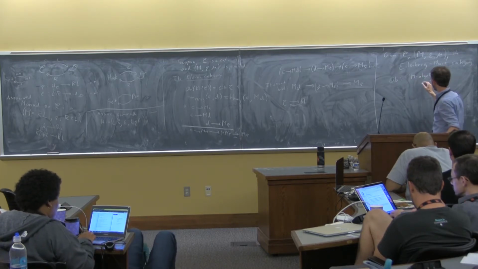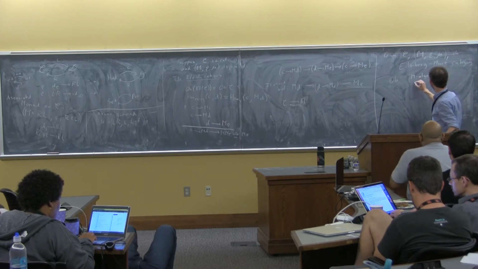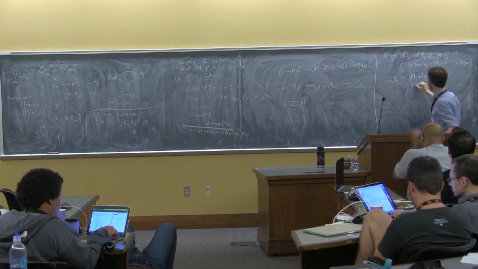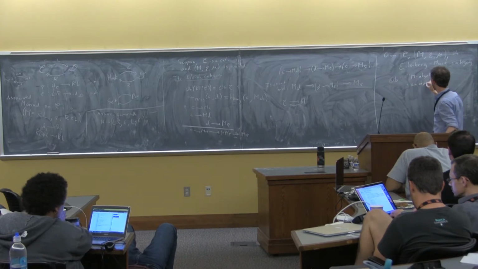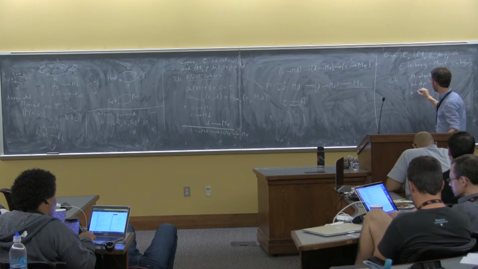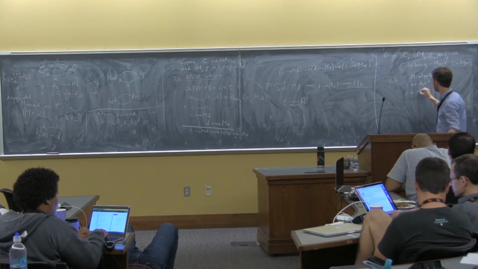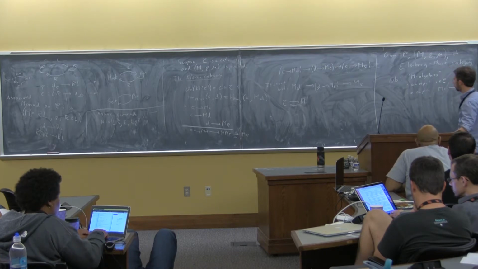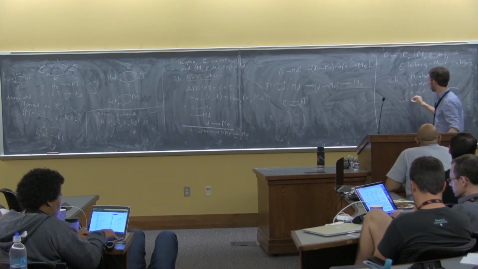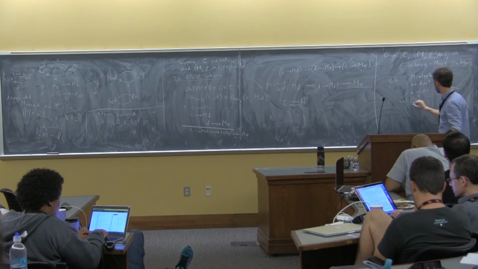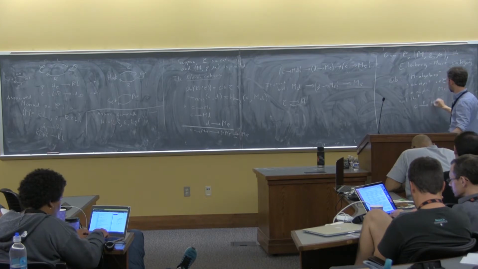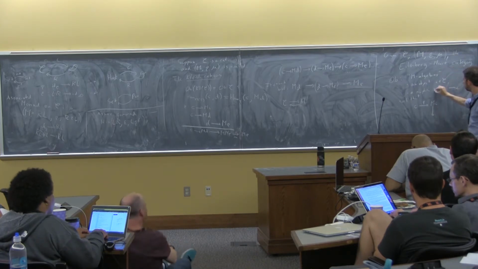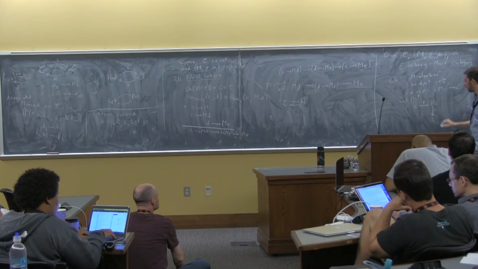So what is an M algebra? It consists of an object C and a map, a morphism, MC to C, such that if you have C and you return an MC and then you apply your map, you get back out of the monad.